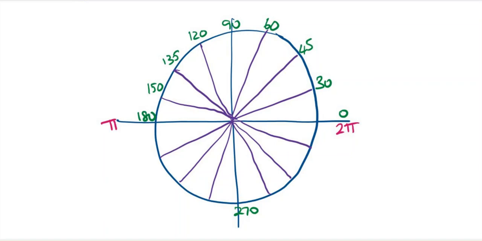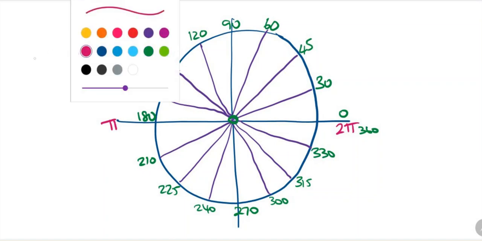Then 210, 225, and 240. Then 300, 315, and 330, and then this will be 360, which is a full turn. And in the center I'm going to put 0.